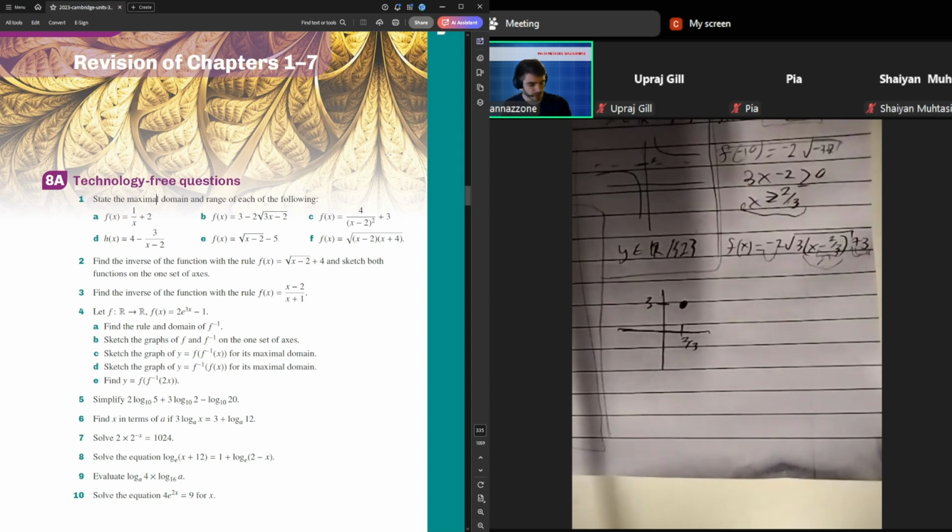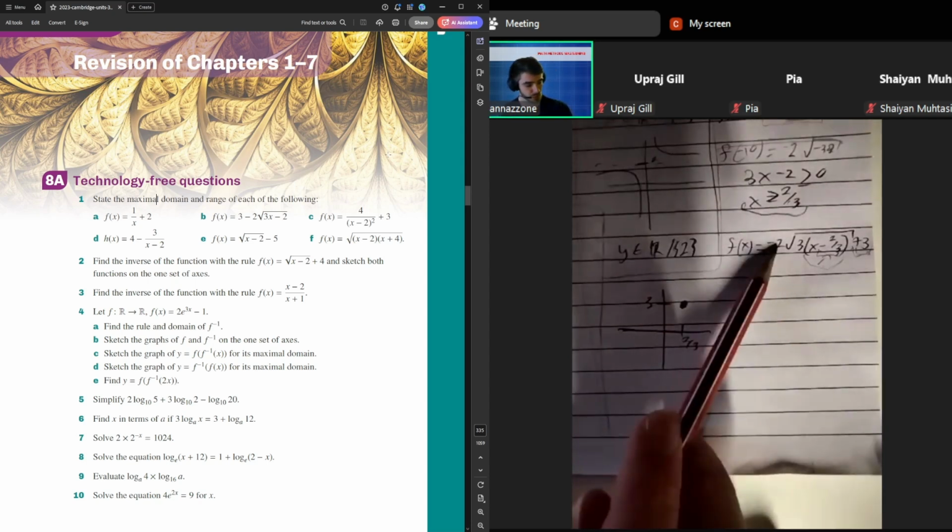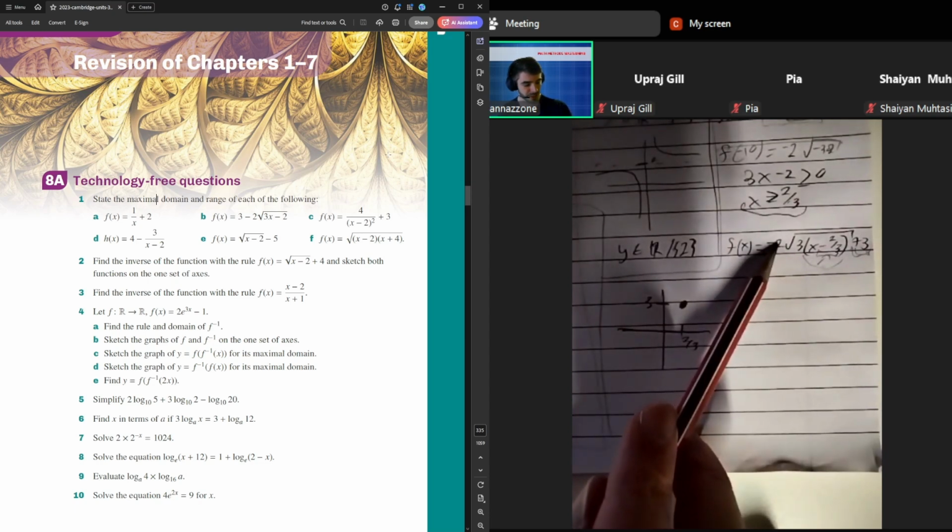But either way, what do you do from here now to get the overall shape from it? How do you know which way it's going? You look at the negative symbol. Yeah, negative symbol. So that negative symbol being up here, what does that tell you about it?